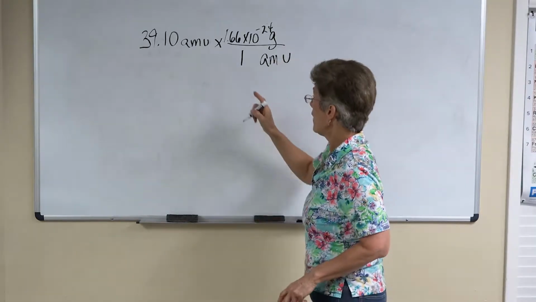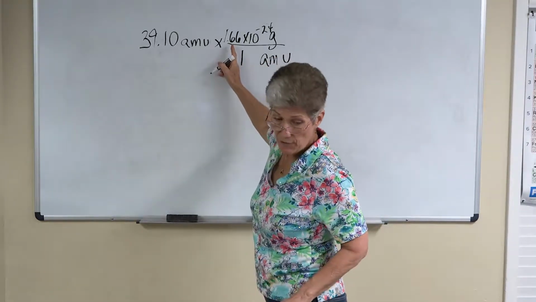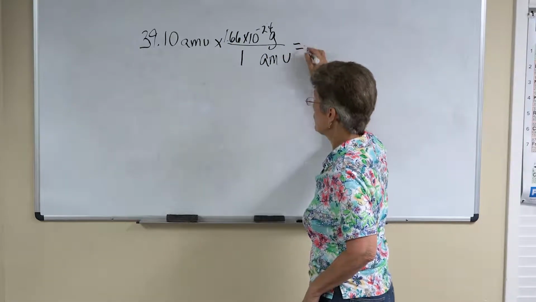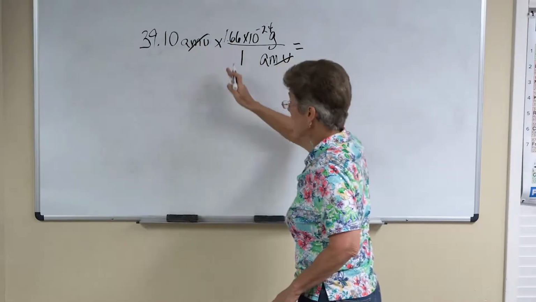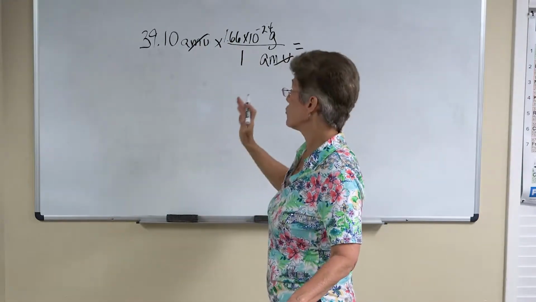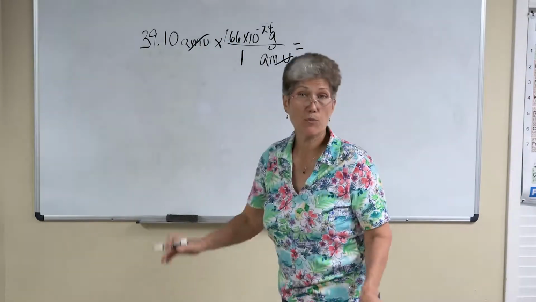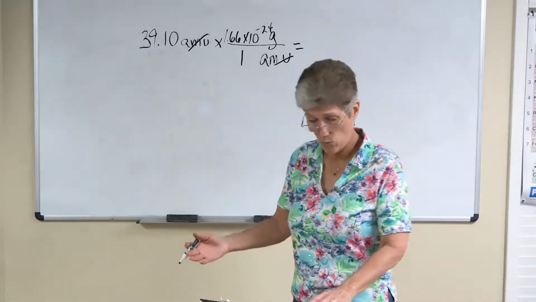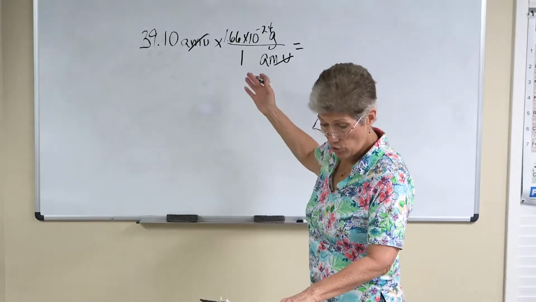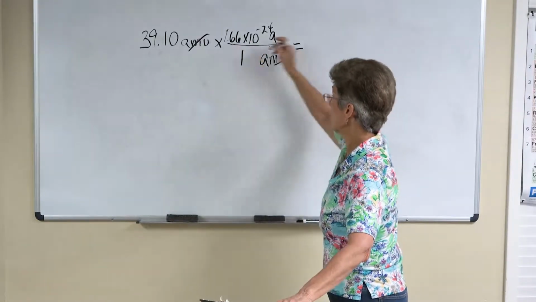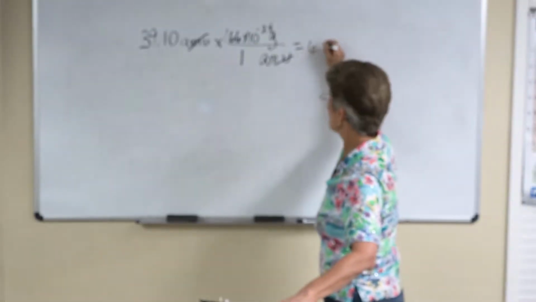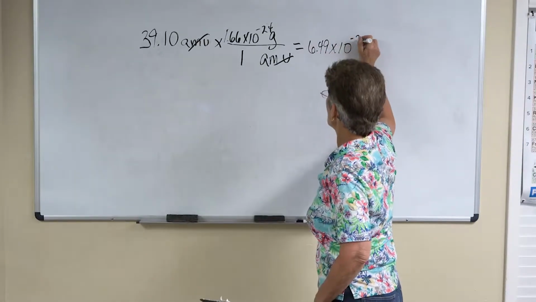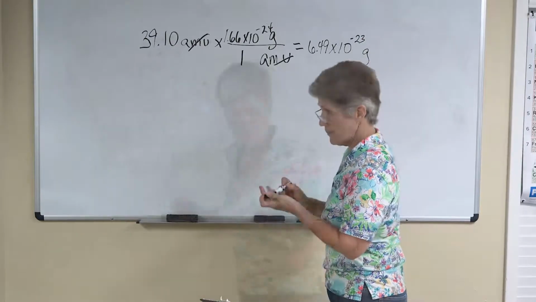And so notice you have 3 significant figures here, you have 4 significant figures here, so you will have to answer in 3 significant figures because when you're multiplying or dividing, your answer has to have the least number of significant figures of what you started with, and that would be 3 right here. So our answer is going to be 6.49 times 10 to the negative 23rd grams.